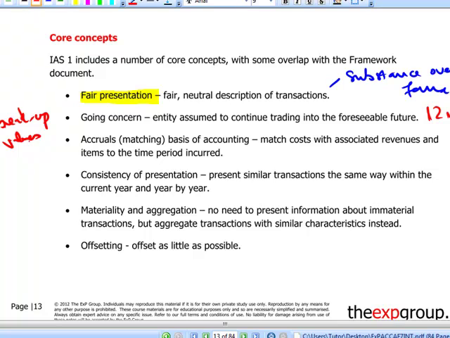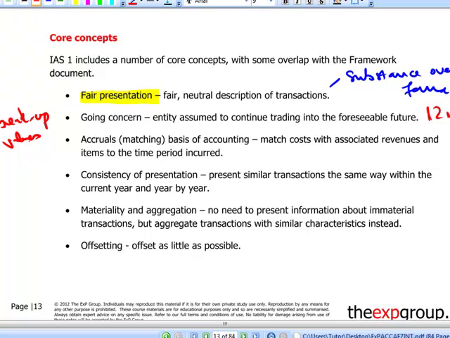Accruals. Again, all transaction matching concepts should be reflected in the financial statements for what happened during one accounting period. So we are able to match the revenues with all the associated expenses incurred in a particular accounting period. Consistency of presentation. Use the same accounting treatment for like transactions from one year to another.